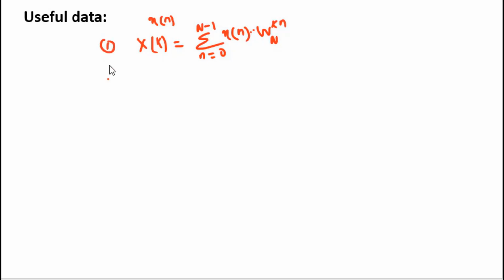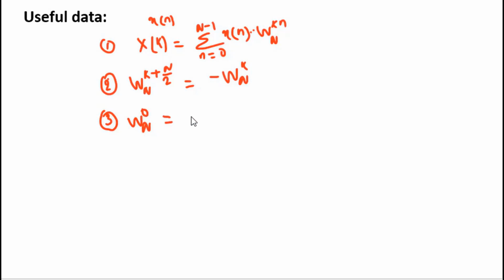This is the first useful data. The second is the property of W_N: W_N to the power k plus N by 2 equals minus W_N to the power k.